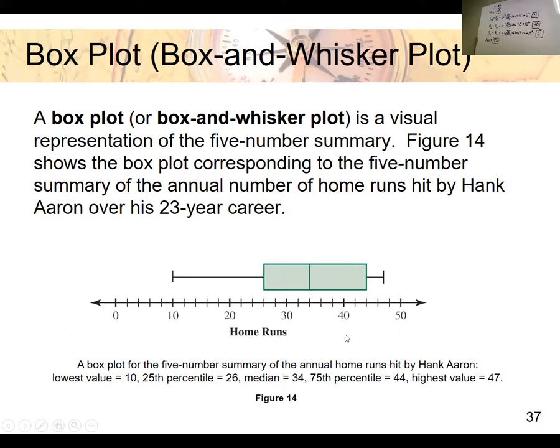Okay, so this is the box plot and what it looks like. Here they have a number line from 0 to 50, and they marked out this part right here, which represents the minimum. And then here's what makes up the box: the first quartile, the second quartile, and the third quartile. The first vertical line in the box represents the first quartile. This line inside the box is the median, or the second quartile.